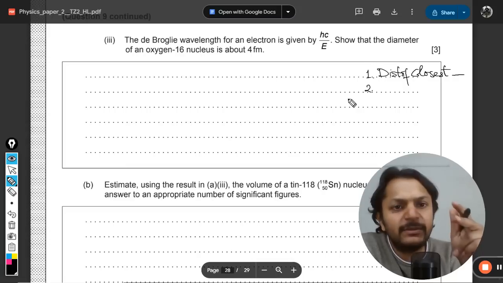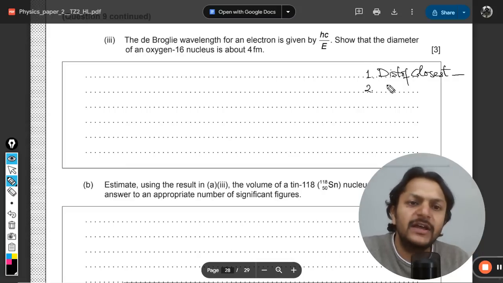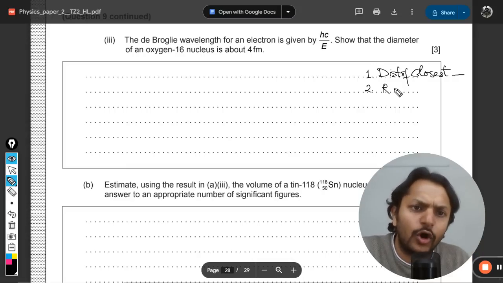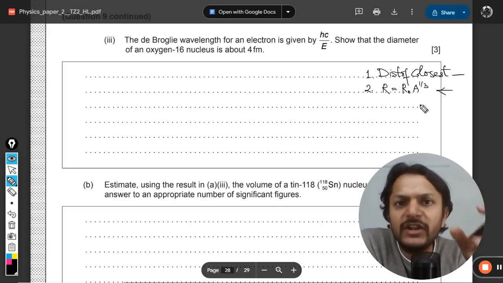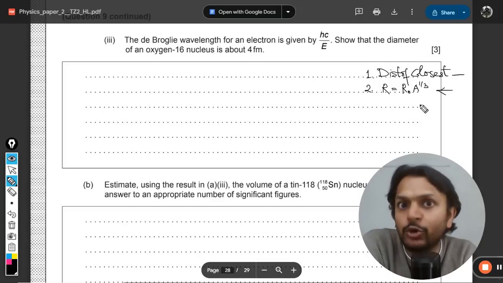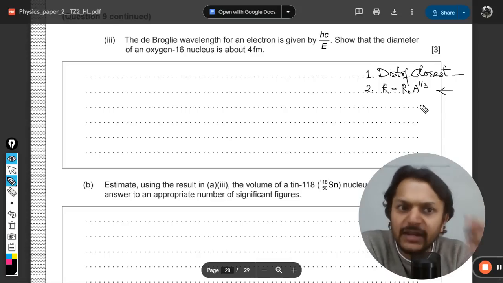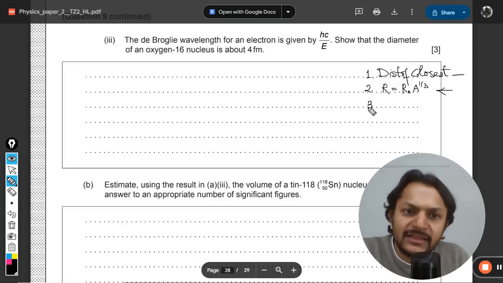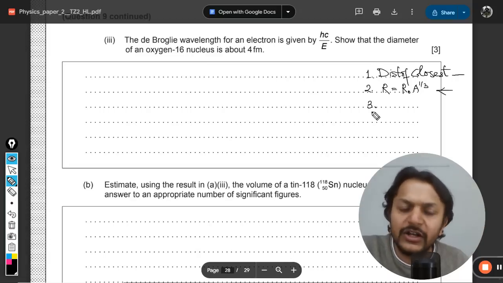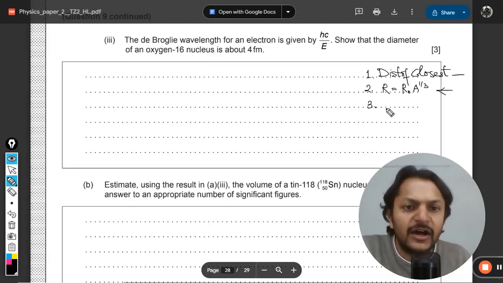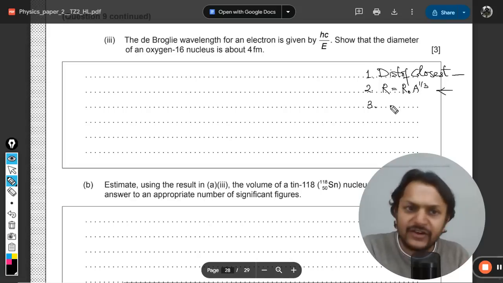The second thing that we can do is when we talked about the radius of the nucleus, and we found the formula that the volume of the nucleus is directly proportional to the mass number of the nucleus. This was the second method. The third method, which is used for the estimation of the diameter of a nucleus, is with the help of interference or diffraction.